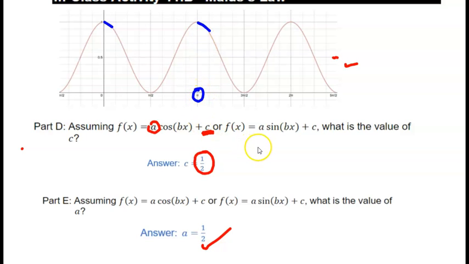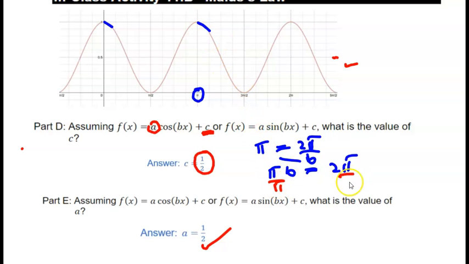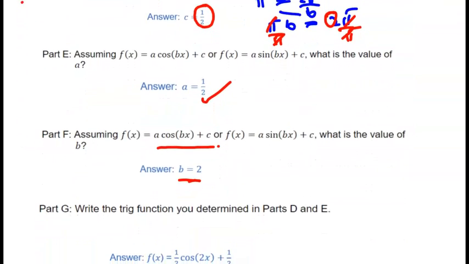We know that the period, which is pi, is 2 pi divided by b. And so it means pi b is equal to 2 pi. When we divide through by pi, we get b to be equal to 2.